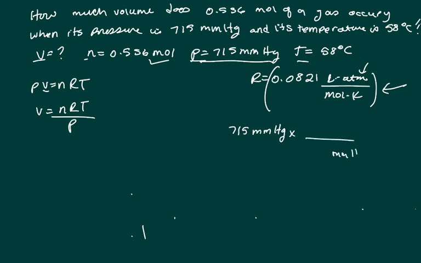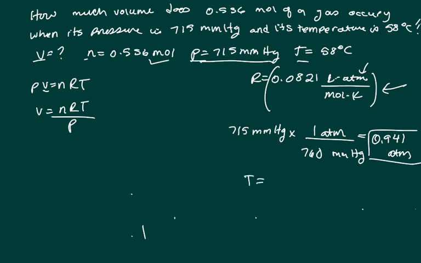And according to your chart, there's 760 millimeters of mercury for every 1 atm. So 715 divided by 760 is 0.941 atm. So that's our pressure.